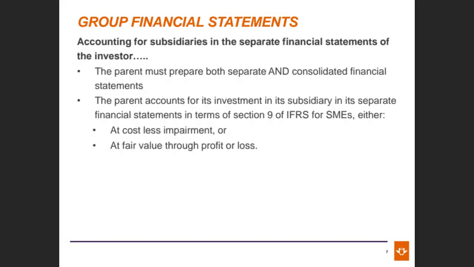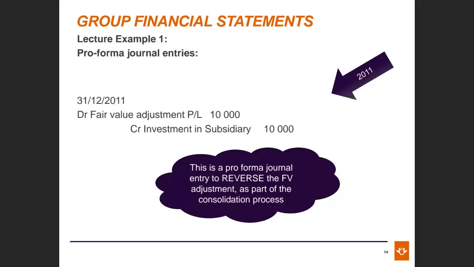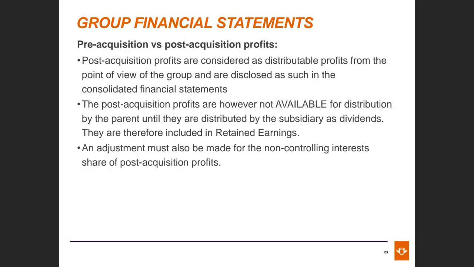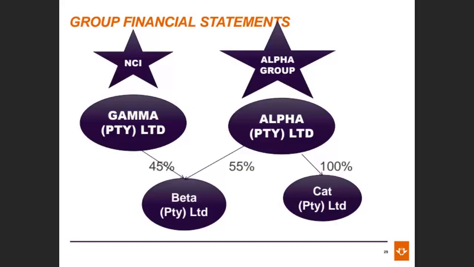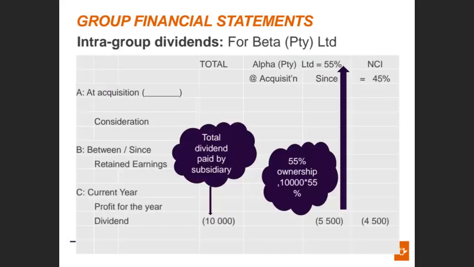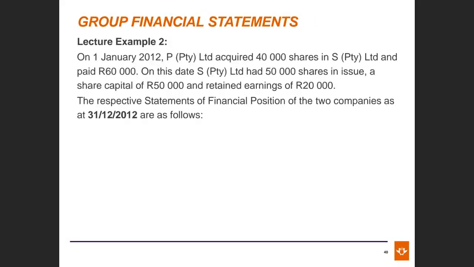But basically, you need to think about who the shareholders are, who is receiving the dividend. So when P declares a dividend, who is receiving it? The people that own shares in P, the parent company. But when the subsidiary declares a dividend, the parent owns a portion of shares in the subsidiary.